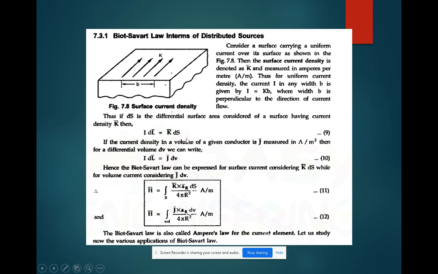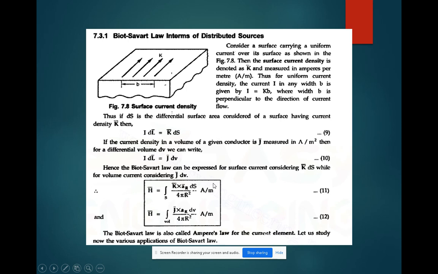For volume, the current density will be J vector dot dv, so for volume you have a triple integration, a volume integral. If you apply the Biot-Savart law on a surface area, you have a surface integral, that is, a double integration. This is the difference. The formula is the same, but based on where you apply it, the current element varies accordingly.